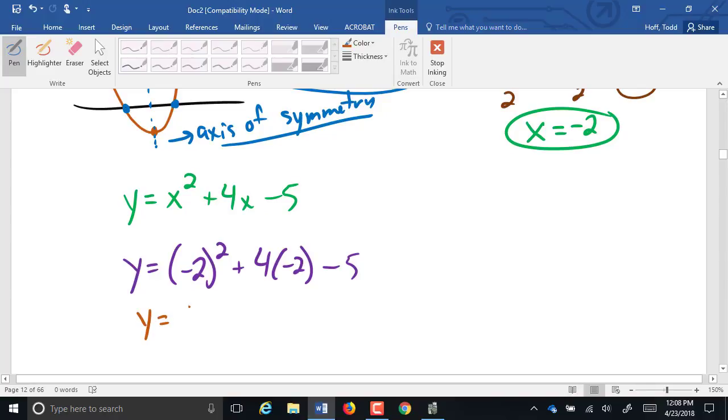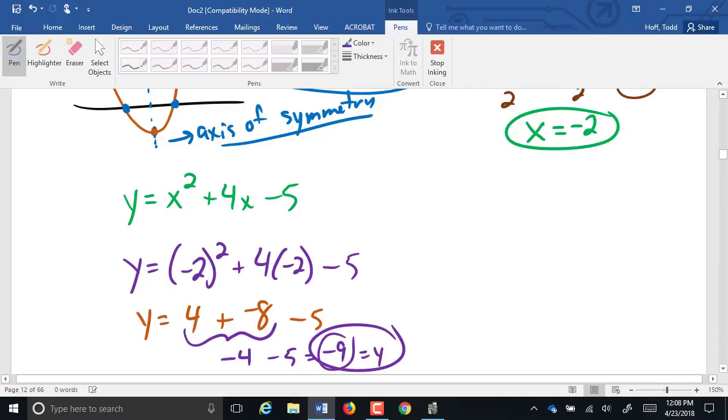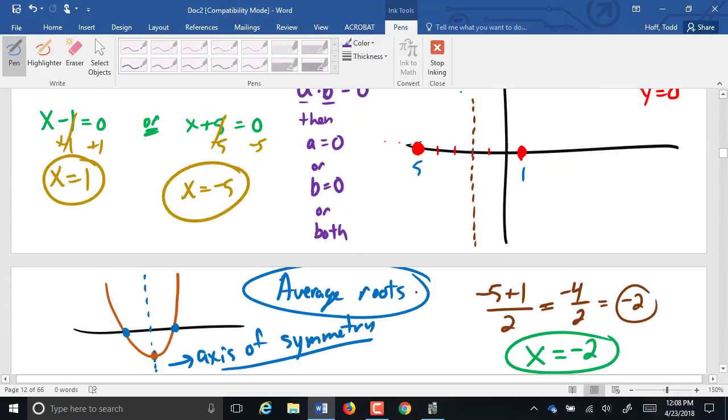Negative 2 squared is positive 4. 4 times negative 2 is a negative 8, minus 5. 4 plus negative 8 is a negative 4. Minus 5 is negative 9. That is the y coordinate of our vertex. So we would count down here 1, 2, 3, 4, 5, 6, 7, 8, 9.